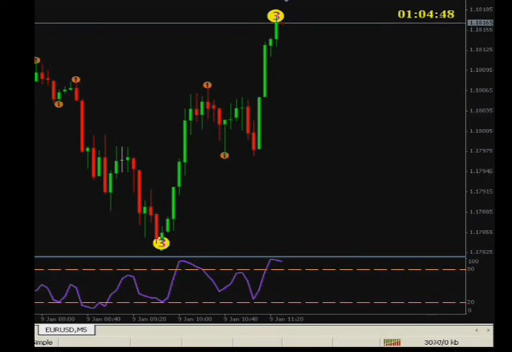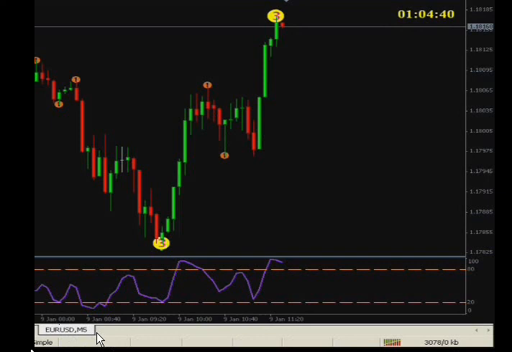Okay, we've moved to the new candle. At this point, it would be a confirmation candle. I'm going to stop it there. So here we are yet again on the same pair, the EURUSD 5-minute chart.